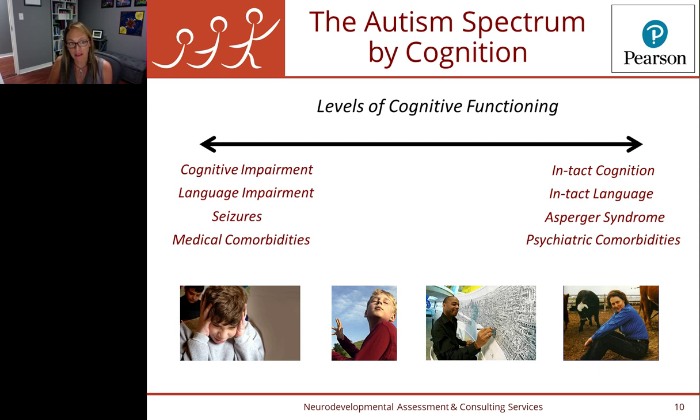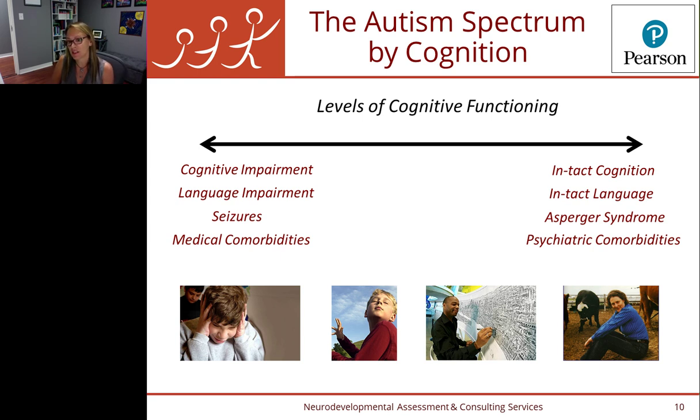When you look at individuals with autism who have cognitive and language impairment, they're more likely to have medical comorbidities, things like seizures, cardiac defects, other medical complications. Whereas at the end of the spectrum of individuals with intact cognition and language, they may have more insight into the nature of their disability, so they're more aware of their failures to navigate the social world.